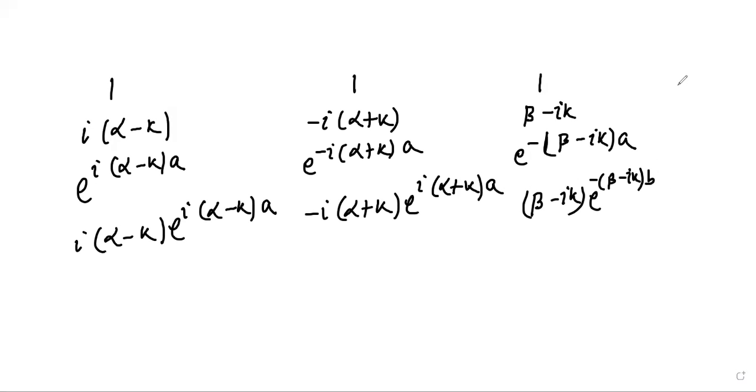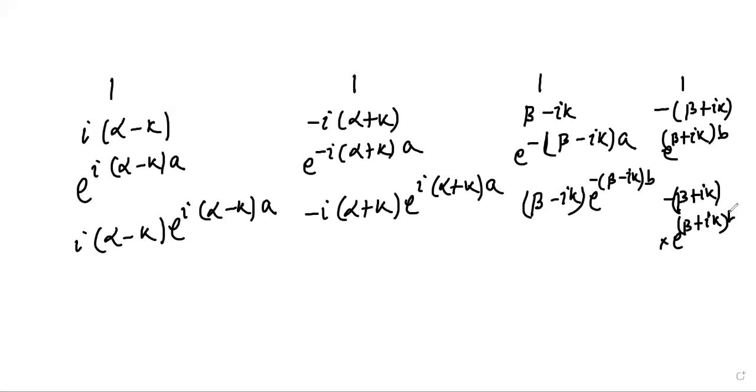Okay, and the coefficient of D, 1 minus β plus iK, e to the power β plus iK, times B, and the last one, minus β plus iK, e to the power β, multiplied, of course, by β plus iK, times B, right?